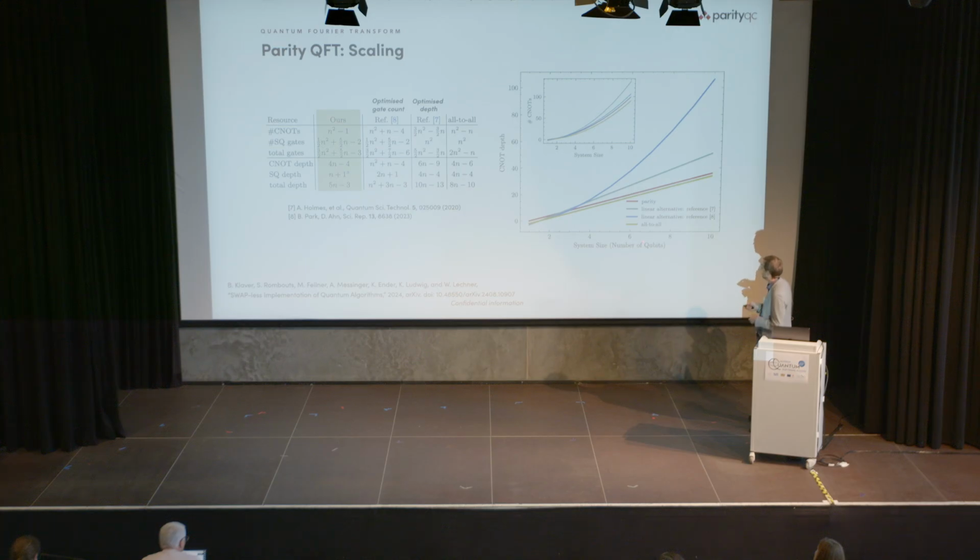And one thing that I find personally the most remarkable outcome of this is that in this parity picture, we actually get the same CNOT depth for a nearest neighbor linear chain as we get in a system with all-to-all connectivity on a physical device.